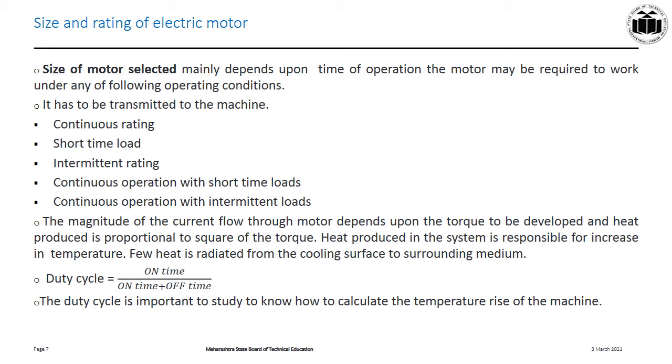Among all of these ratings, there is a difference in the on period and off period of the motor. During the on period, there will be an increment in the temperature of the motor, and during the off period, the motor will cool down. So the on period and off period make the duty cycle, which is the ratio of on time upon the total time of operation of the motor.